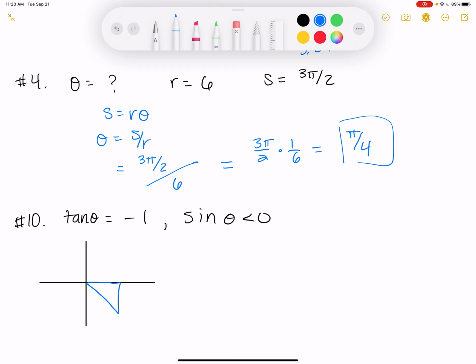So we know that based on this, y has to be -1. Tangent is y over x, so if that's -1, this has to be 1. And then this is a special triangle. It's a 1, 1, √2 triangle.